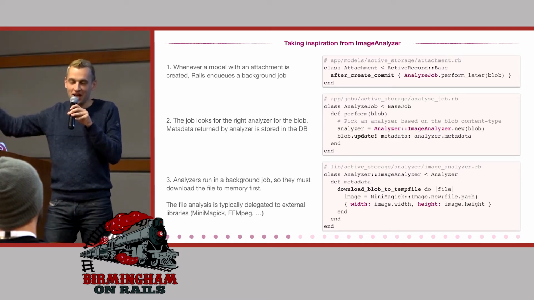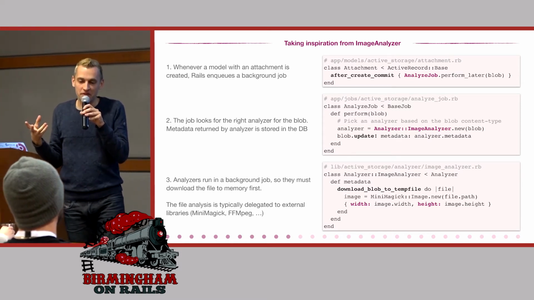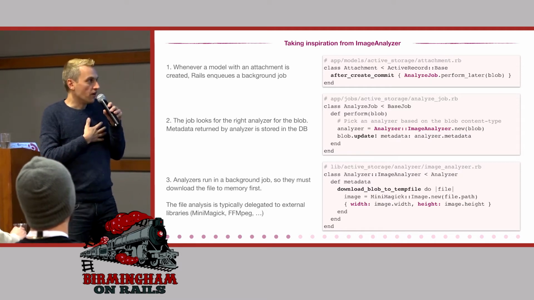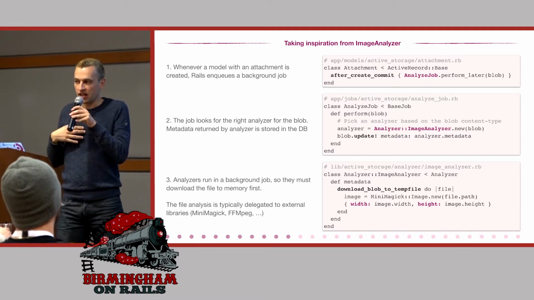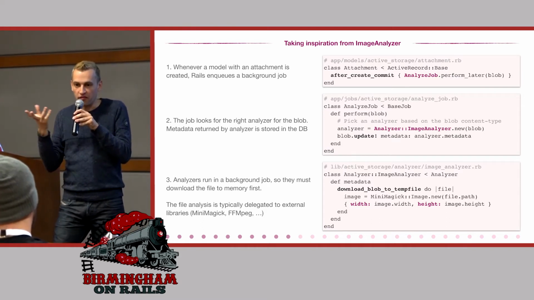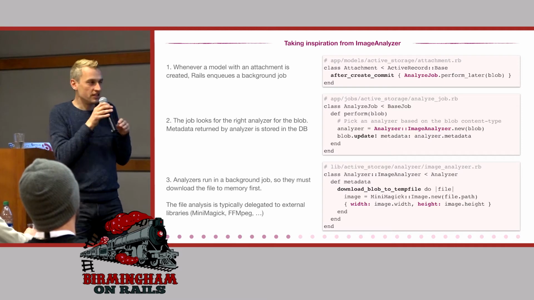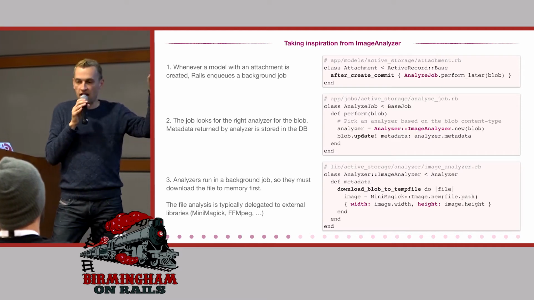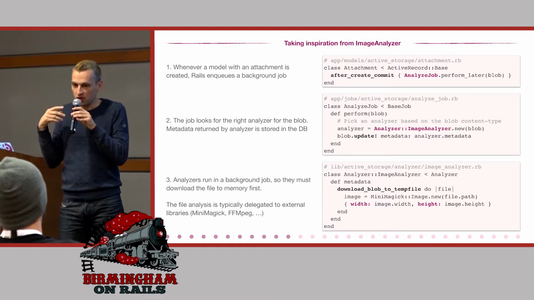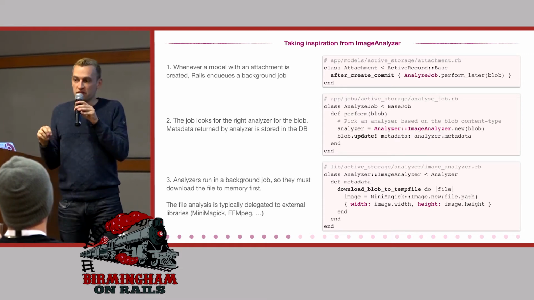This job has to get it back because it wants to analyze it in memory. And then it relies on a third-party library called MiniMagick, which is an image manipulation library that is able to open a JPEG file and extract the metadata. So in this case, it extracts the width and the height, and if you want more, the color, resolution, depth, you can do all of that, and then it returns this information.